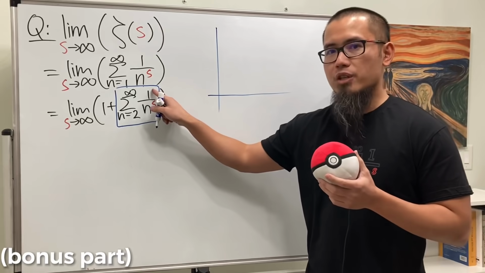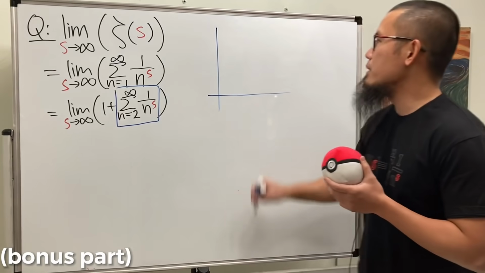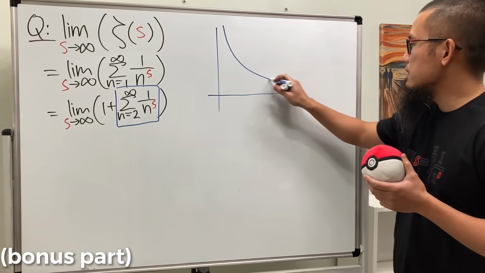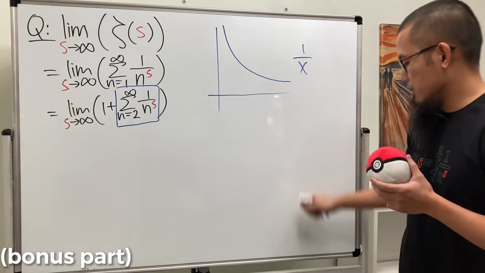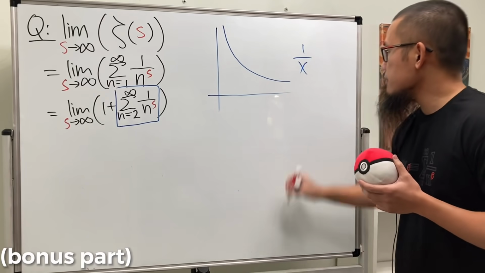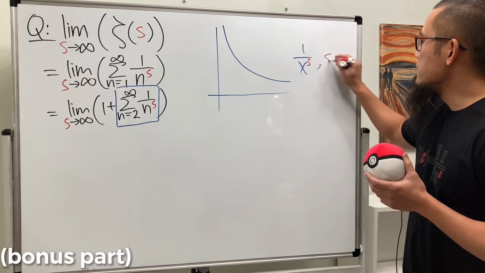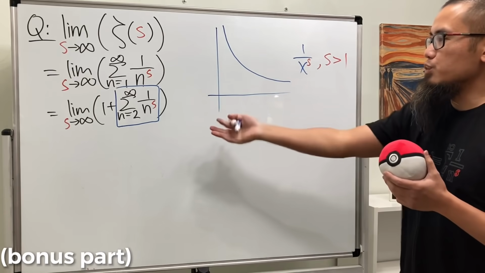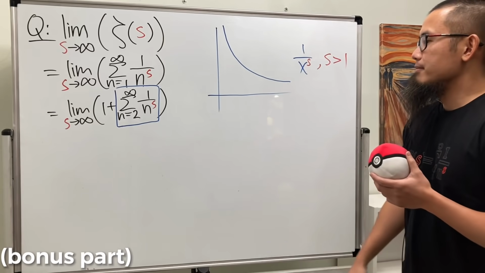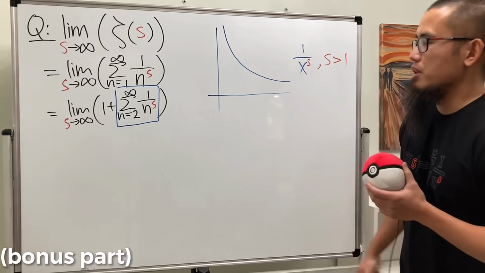Let's look at a function 1 over x to the s power. And that would look like this. And of course, in order for this to make sense, s has to be greater than 1. Otherwise, it wouldn't converge at all. And of course, it's greater than 1. That's also clear.